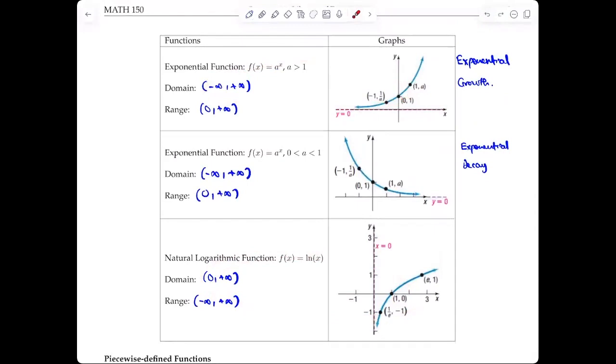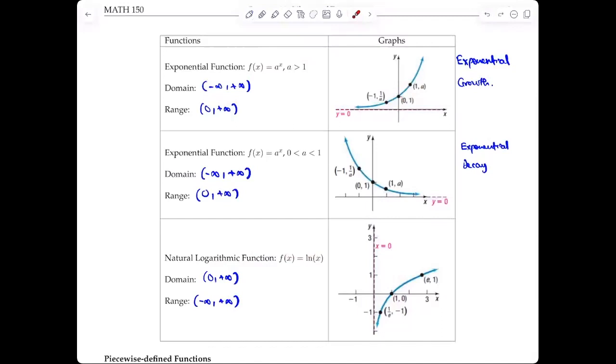The domain from negative infinity to positive infinity for the exponential function gets mapped to what for the range? And the range from 0 to positive infinity gets mapped to what? So something like that is the inverse of one another. All right. Any questions so far?